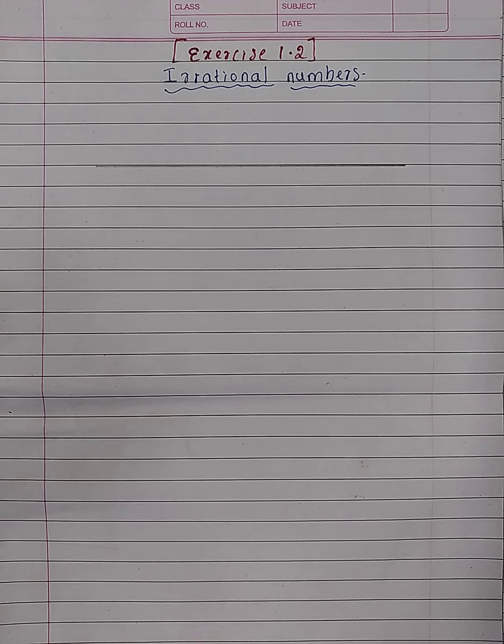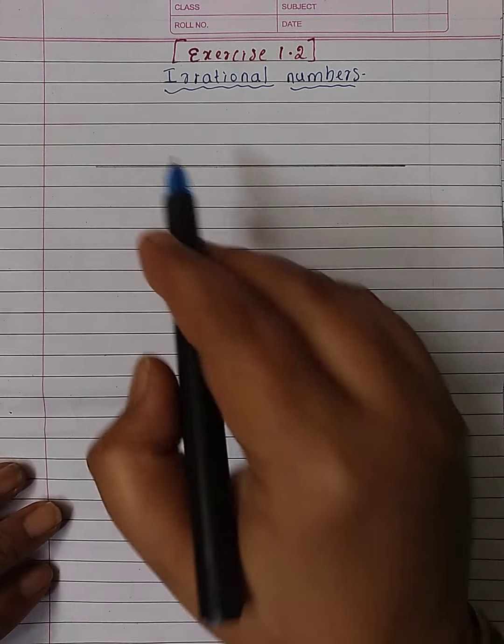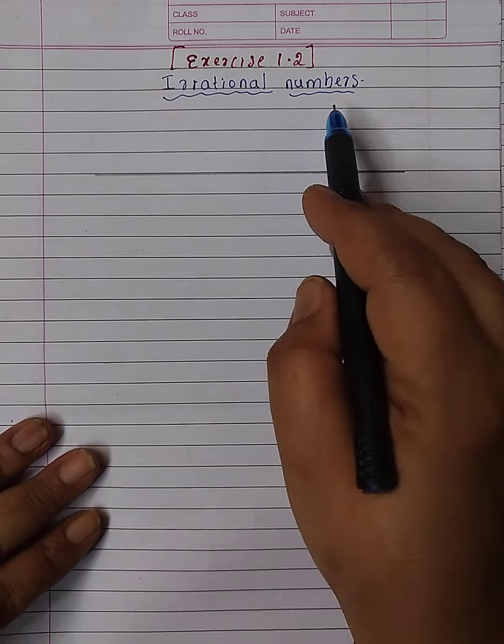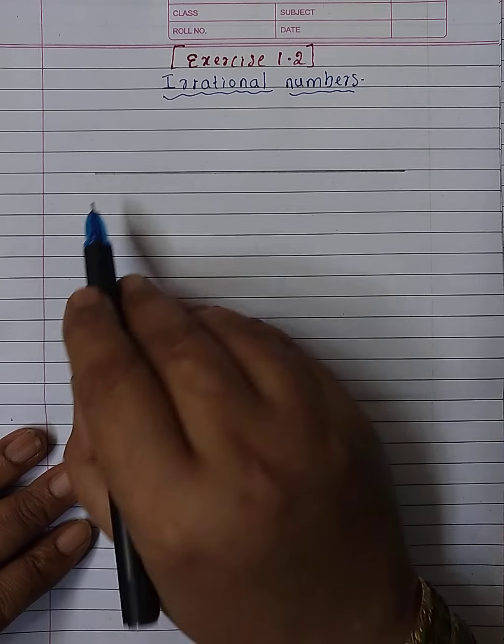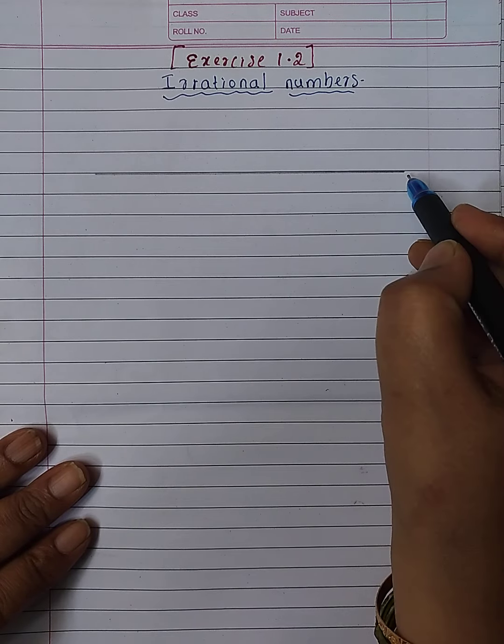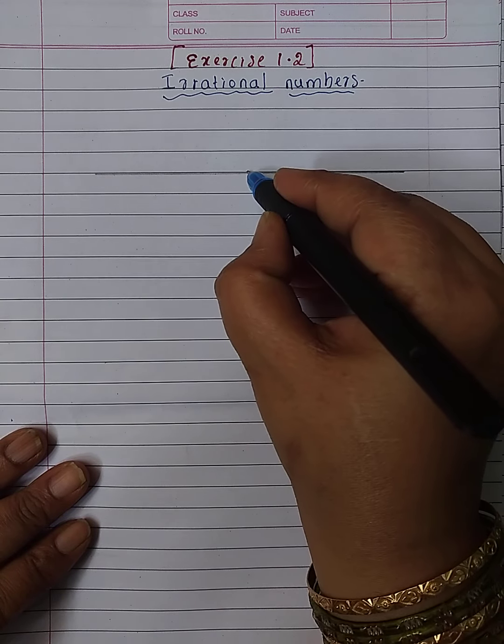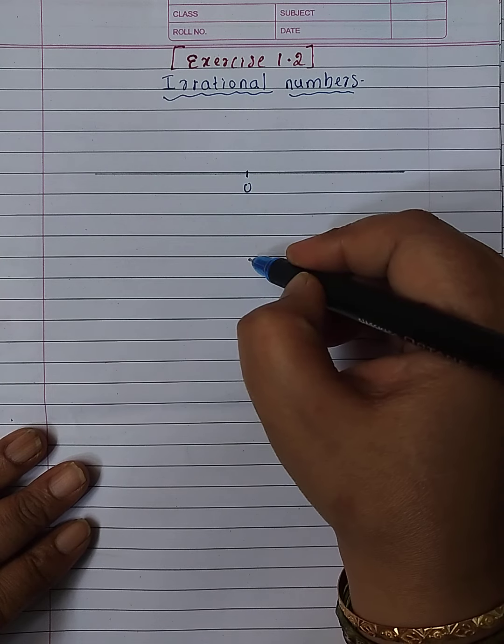In the previous video, we discussed the number line, rational numbers, natural numbers, whole numbers and some of the problems. So today, we will discuss irrational numbers. This is the number line and 0.